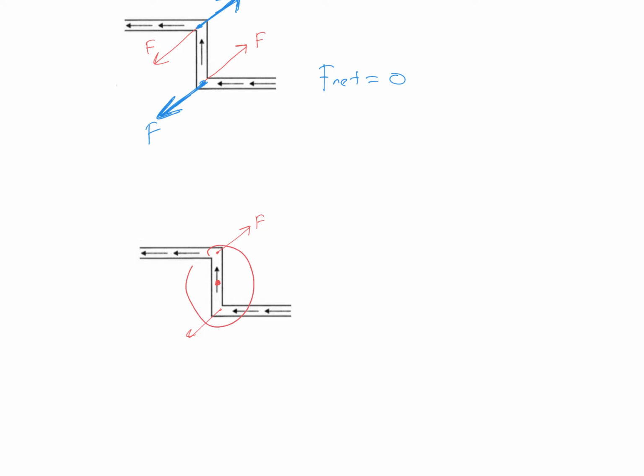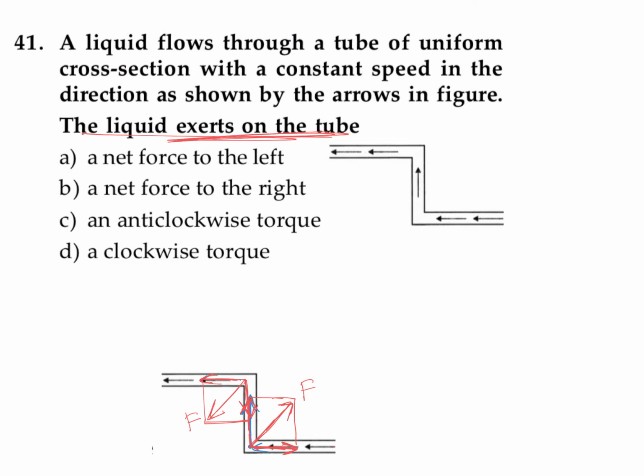Sorry, this is not anti-clockwise, it will be in the clockwise direction. So the sense of rotation is going to be clockwise, not anti-clockwise. So we can say that a clockwise torque is going to act over here.